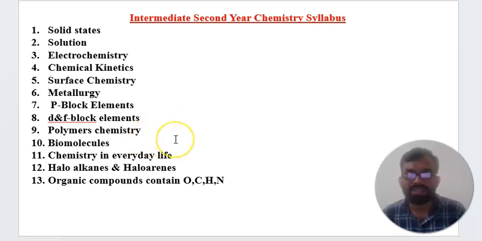Ninth is polymer chemistry, tenth is biomolecules, eleventh is chemistry in everyday life, twelfth is haloalkanes and haloarenes, and thirteenth is organic compounds containing oxygen, and organic compounds containing nitrogen. So these are the main topics of intermediate first year and second year for the NEET syllabus for the medical entrance exam.